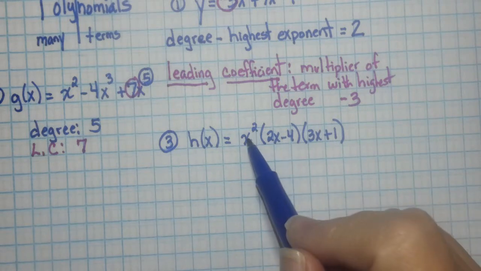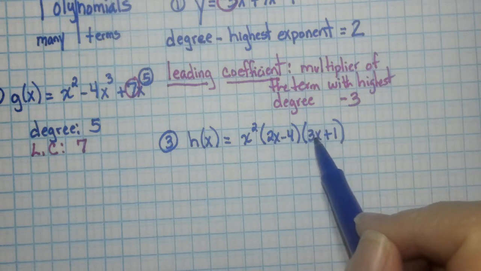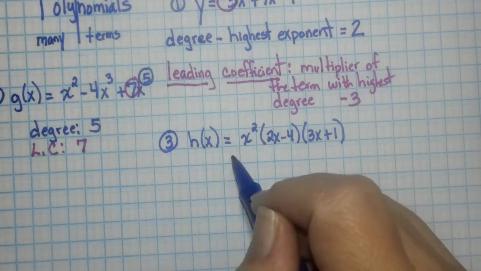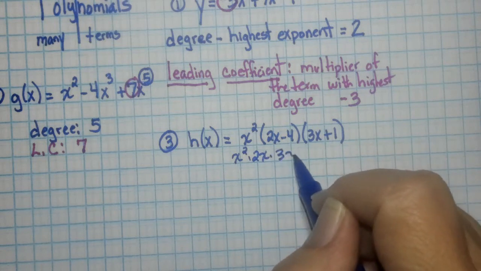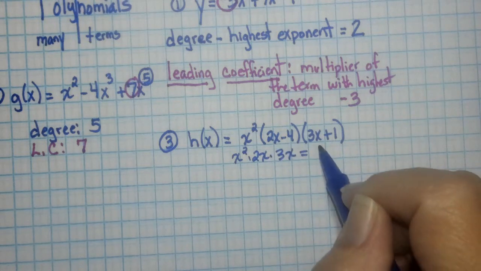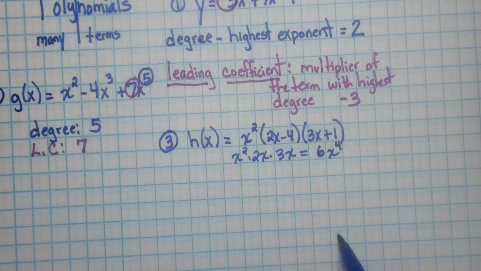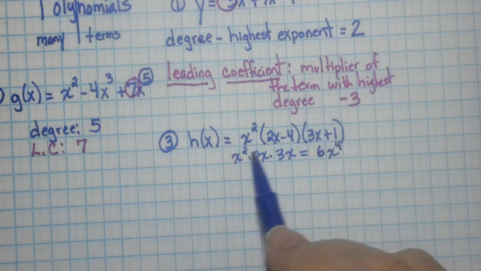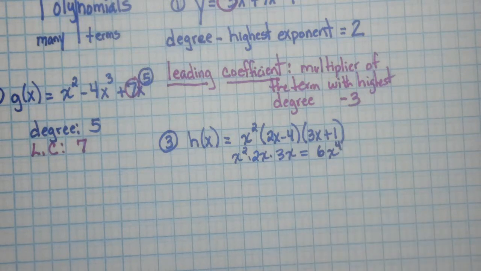So I'm just going to multiply x squared times 2x times 3x. That's going to be one of my terms, and that's going to be the term with the highest degree. So x squared times 2x times 3x is going to give me 6x to the 4th power, since 2 plus 1 plus 1 gives x to the 4th power.